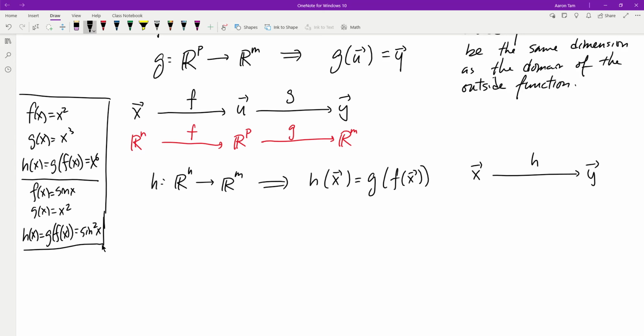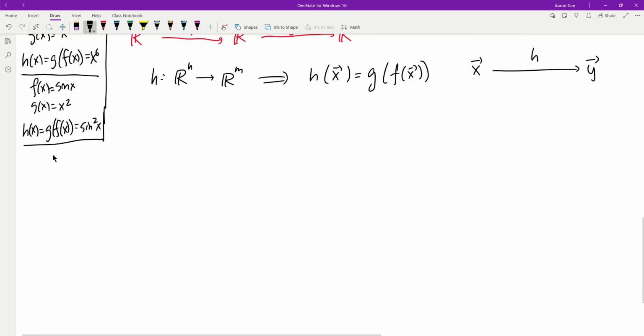Which is different from x to the 6, which is completely done without worrying about what happened to x to the third and x squared. So that's a functional difference between them, even though it's a minor difference, it's still important to note because it dictates how you take the derivative. If you actually combine to one single function, like in the top case where you combine to x to the 6, you can just take the derivative directly. But if you have to treat it as two separate things, like sine x and sine squared x, then you have to apply the chain rule. So that's the difference between the two. So now comes the big question.